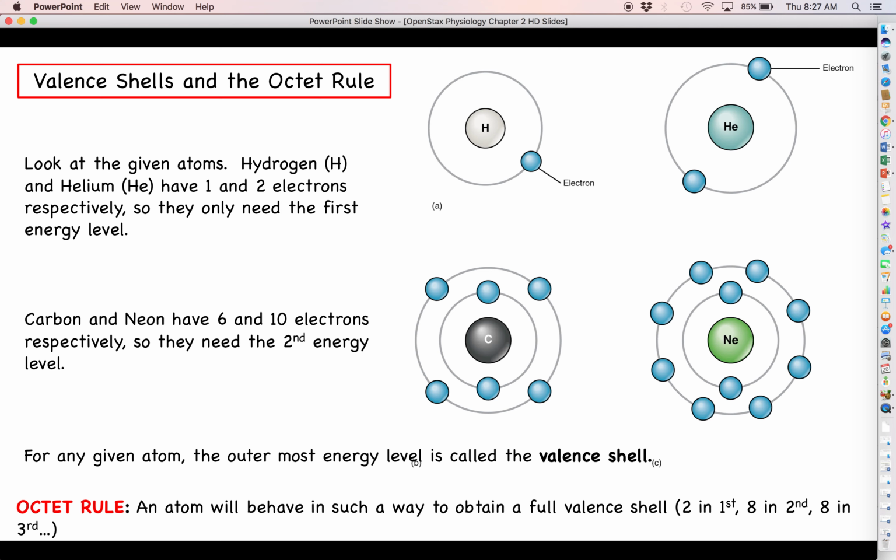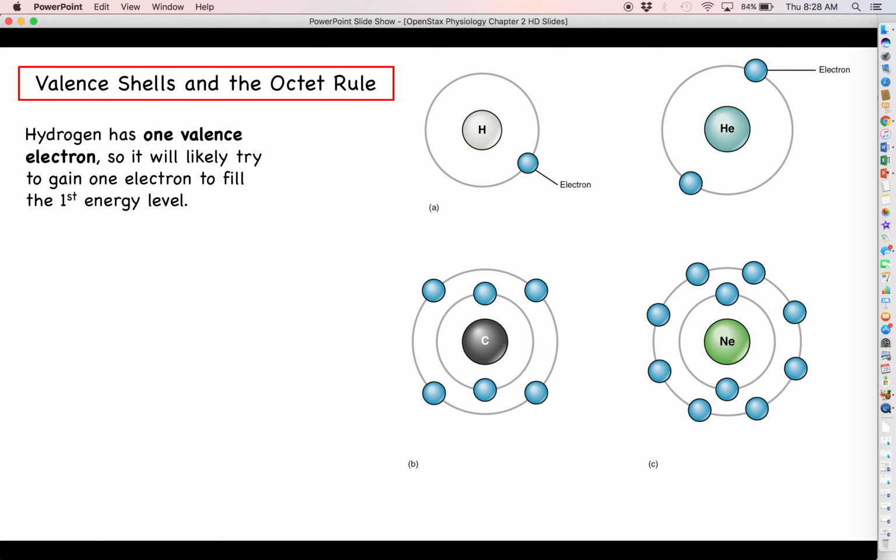So for helium and hydrogen, to have a full outer shell would mean to have 2 valence electrons. For carbon and neon, having a full valence shell would mean having 8 valence electrons. It's called the octet rule because most valence shells are going to hold a maximum of 8. The only exception to this is the first valence shell, which can only hold 2.